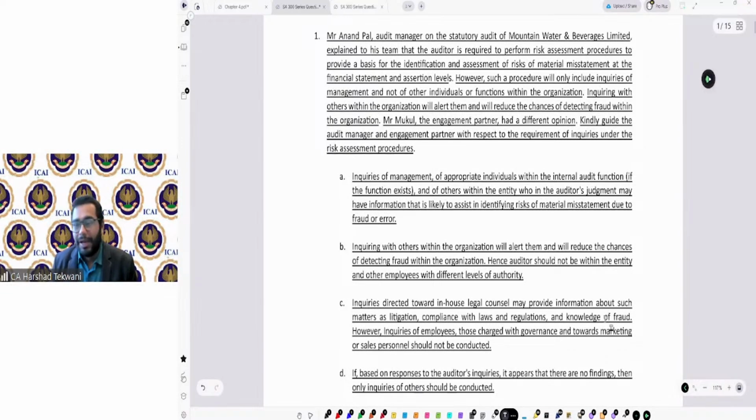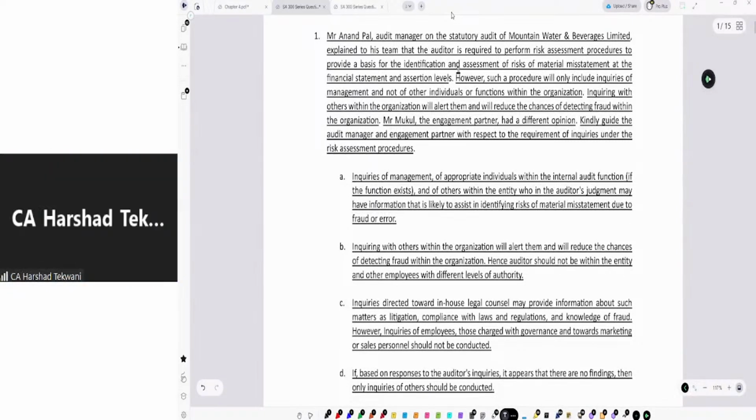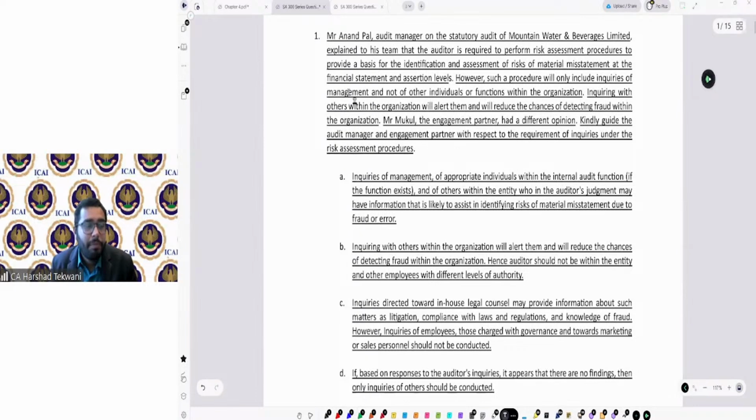So, what is the correct option here, guys? Come on. Mr. Anand Pal, audit manager on the statutory audit of Mountain Waters and Beverages Limited, explained to his team that the auditor is required to perform risk assessment procedures, and such a procedure will only include inquiries of management and not of other individuals, because it will alert them and will reduce the chance of detecting fraud within the organization.